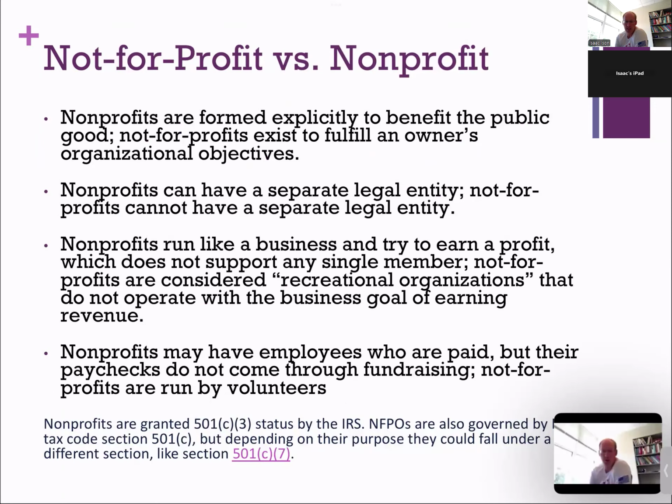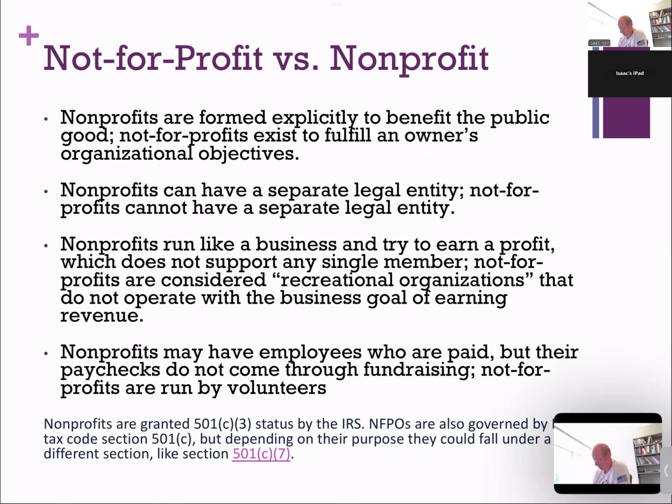All right, this is interesting, and it isn't tested at all. I just think it's an interesting thing to reflect on. There is a difference between not-for-profits and nonprofits from a legal standpoint, and also from a tax standpoint.